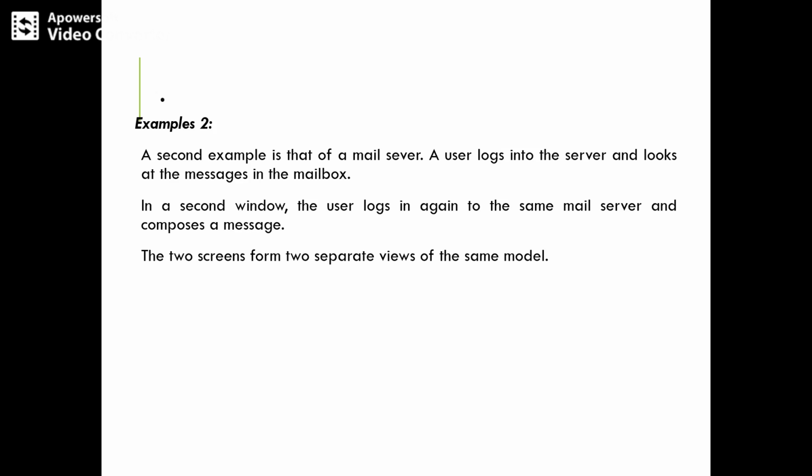We know the common ones: the pie chart, line graph, bar chart, and so on. So when the user changes to a particular format, the view changes without any changes to the model. So these are some examples of the MVC architectural model.